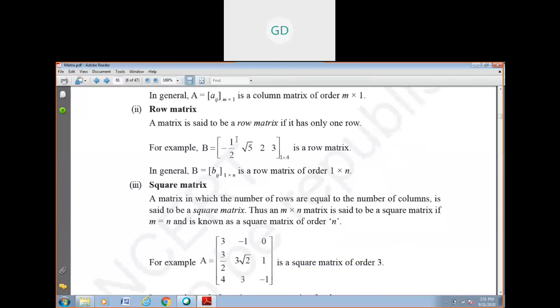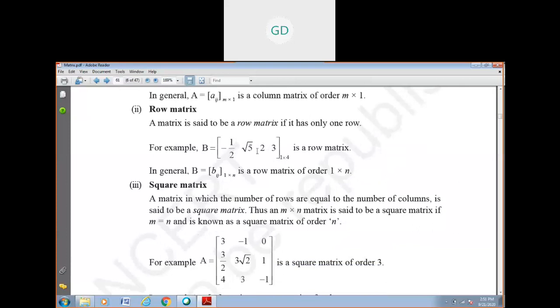So for example, the name of the matrix considered here is B. These 4 elements are considered here within brackets, so definitely it's a matrix, and 4 elements are here in the row, and the number of columns is 1, 2, 3, 4.